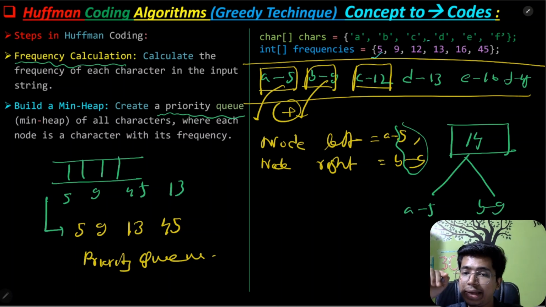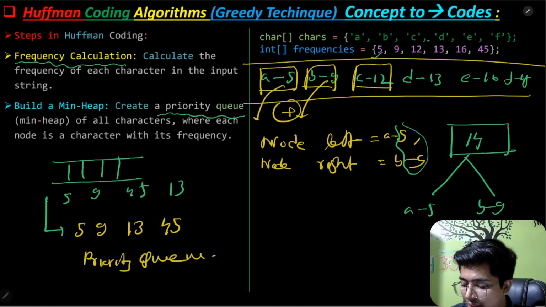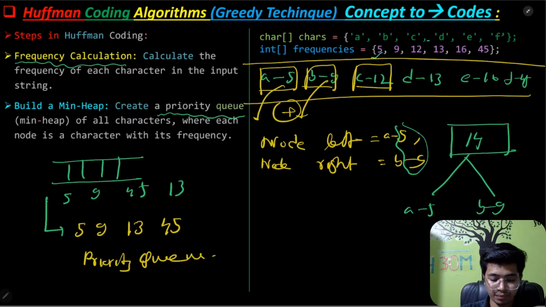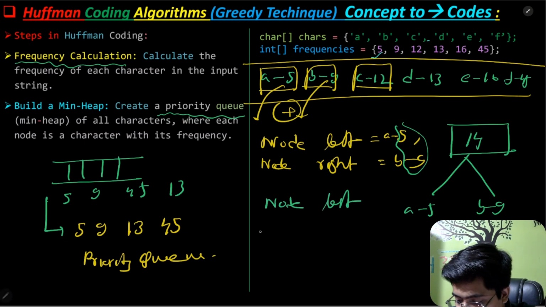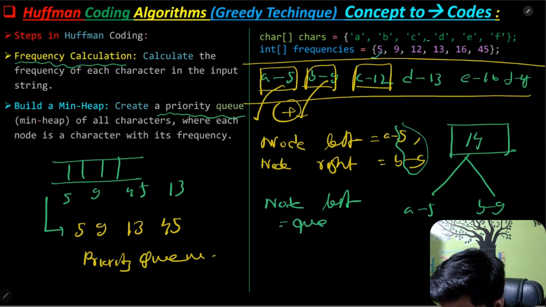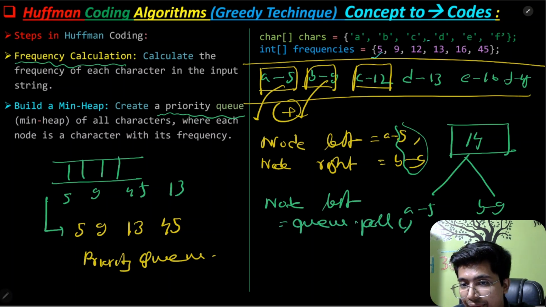If I write this entirely in a coding language, it is like this: node left equals queue.poll. When I apply this function, the first element is polled and automatically assigned here.